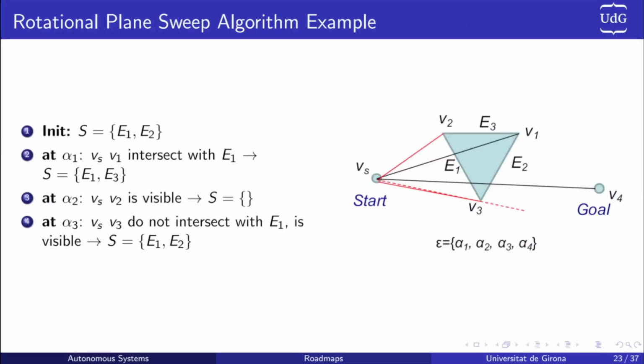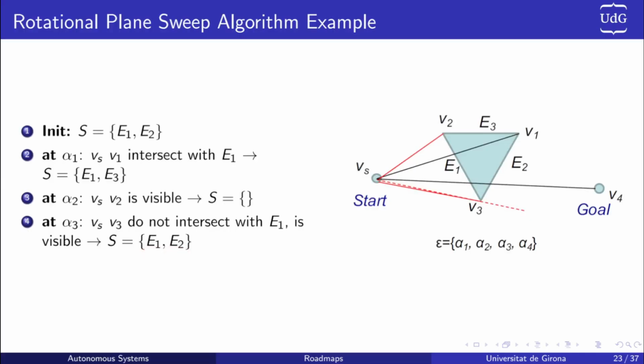Then we move to B3, that is the next one, and now we have B3 belongs to E1 and E2, then we add E1 and E2, and we need to check again the visibility condition.